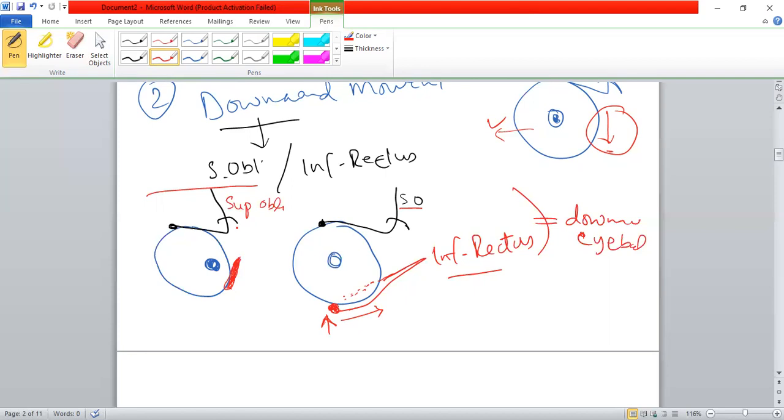What you will do is relax his inferior rectus, and you will try to give all the power of the downward movement to the superior oblique, okay.